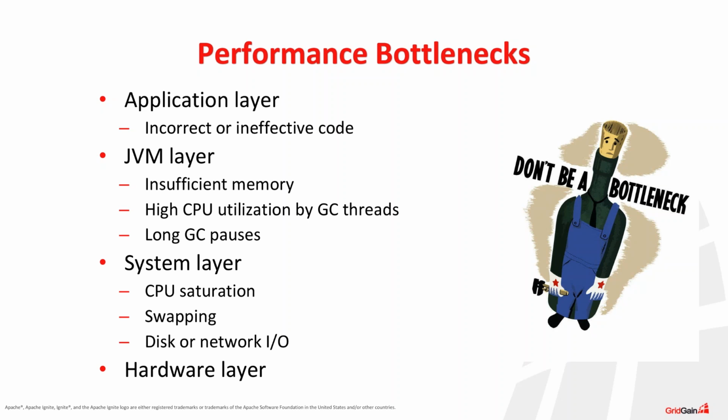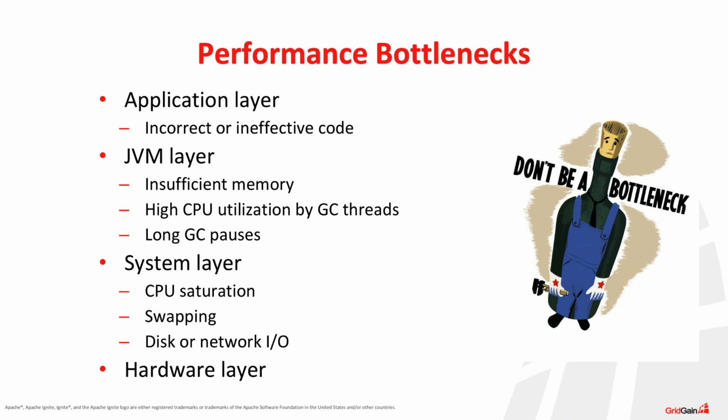And finally, there is the hardware layer, which is the hardware where you're running your application. Whether you have bare metal servers, or virtual machines on AWS, or virtual machines in some private cloud, all these different types of hardware can give you very different results with the same application, the same data, and the same settings.